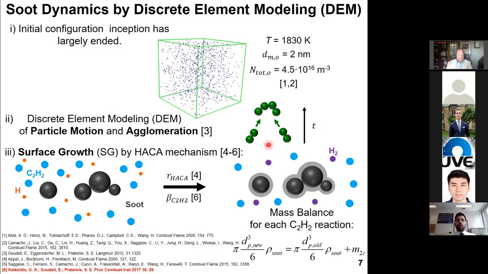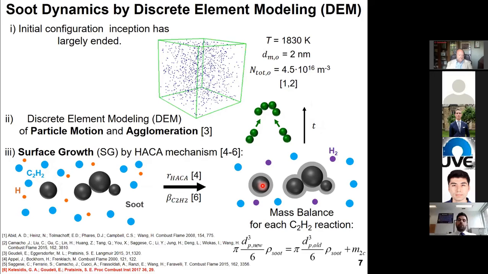Most importantly, we account for surface growth of the soot nanoparticles by the hydrogen abstraction and carbon addition mechanism. So we estimate how many acetylene molecules react with the soot surface based on the respective reaction kinetics and collision dynamics.